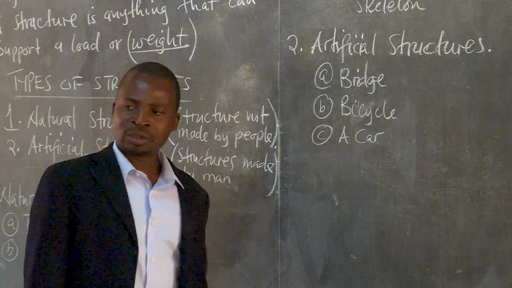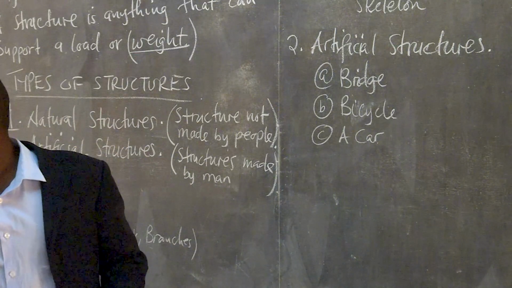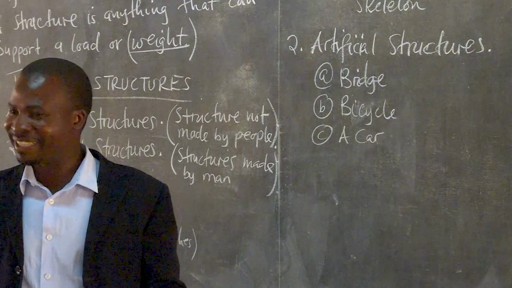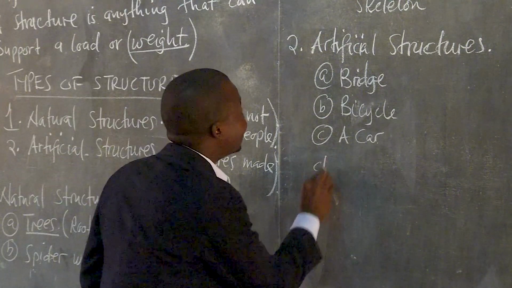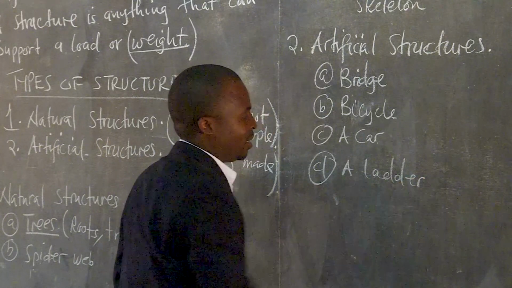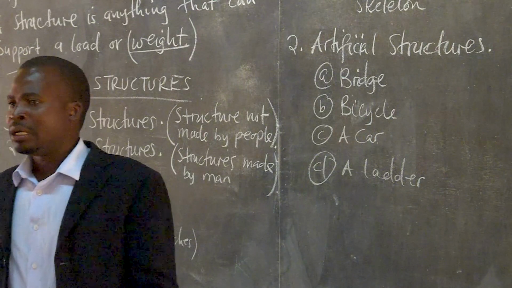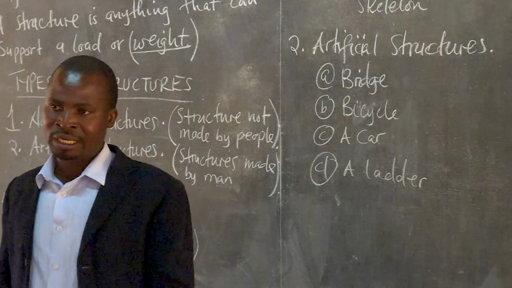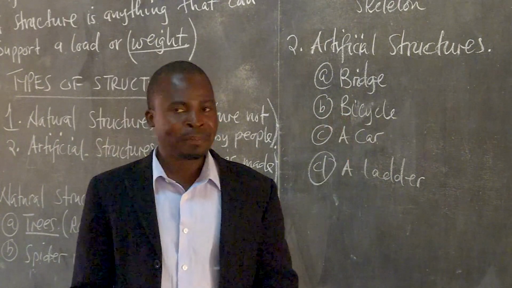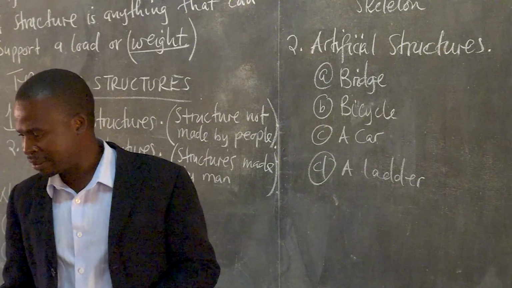A car is also a structure made by man. What else? Elvis: a ladder. A ladder is also an example of an artificial structure. So these are some of the examples of artificial and natural structures.